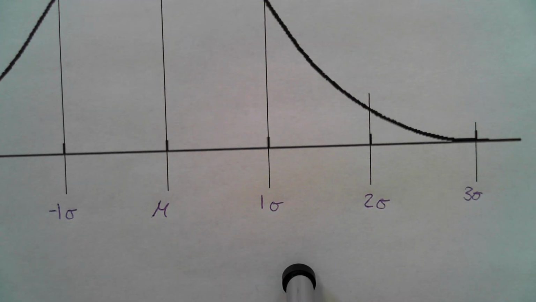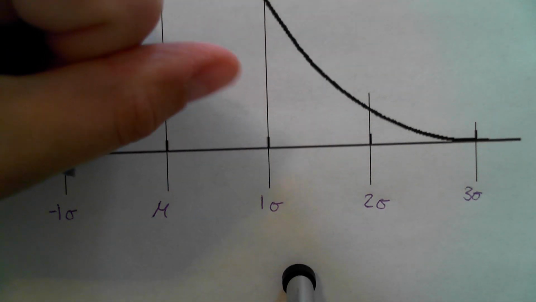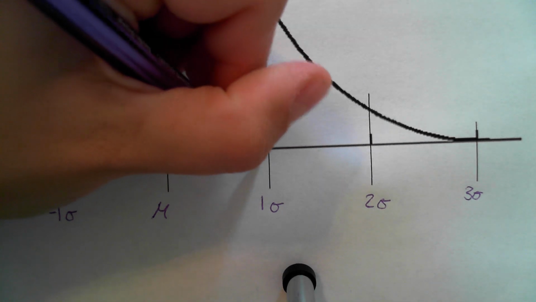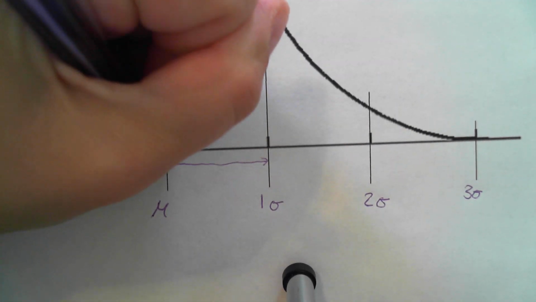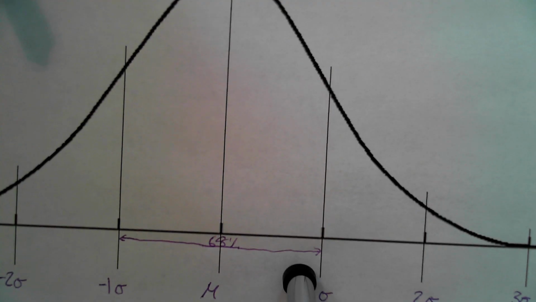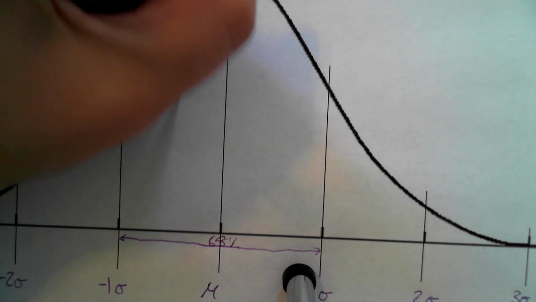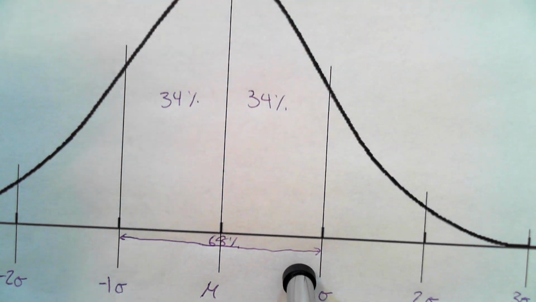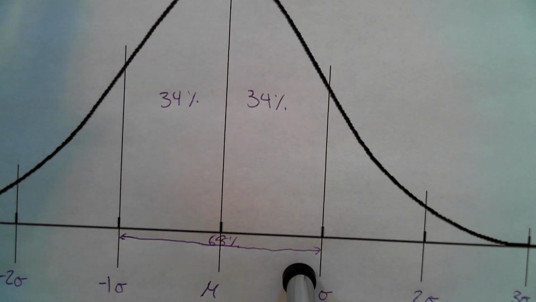All right. So remember, between plus or minus the first standard deviation is 68% of the data. So that means that there is 34% below and 34% above that mean. Okay.